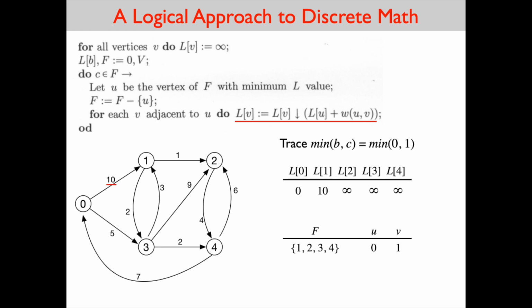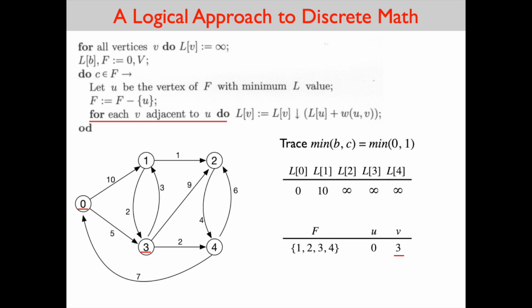Well, w u comma v is the weight of the edge between u and v. U is 0, v is 1. So that edge has weight 10, or cost 10. And so L sub 1 gets the minimum of infinity and 10 plus 0. 10 is the minimum between 10 and infinity, so L sub 1 gets 10.